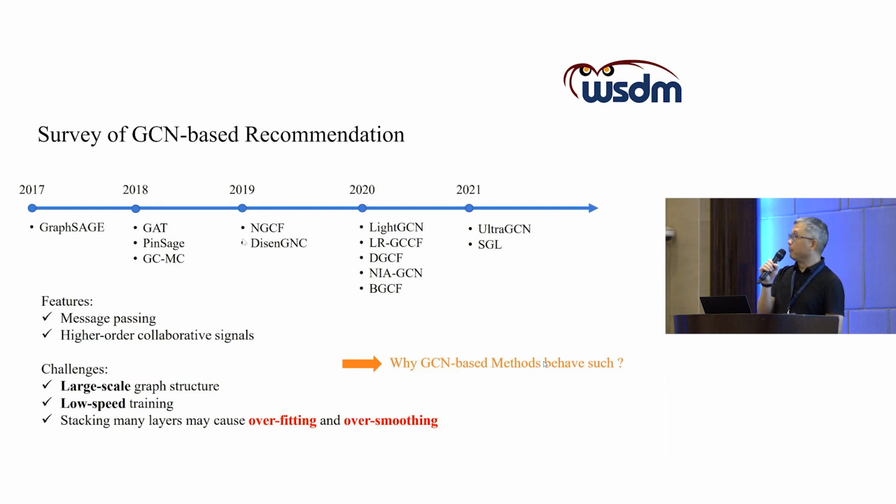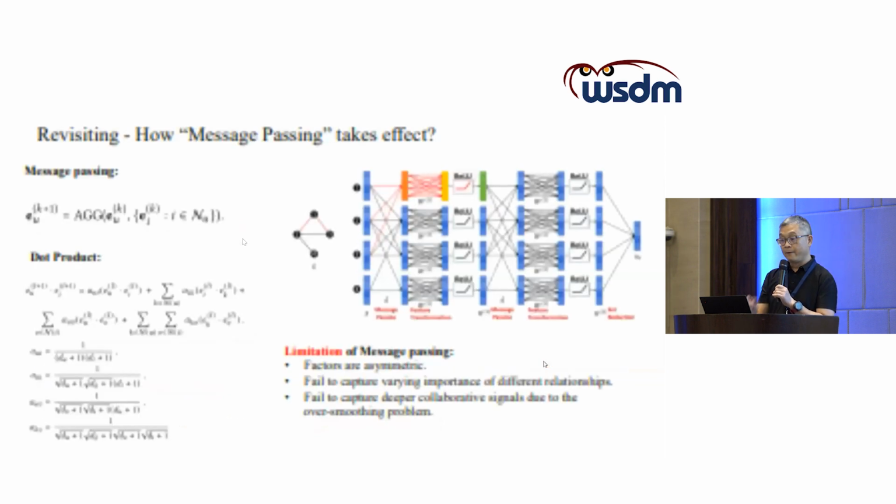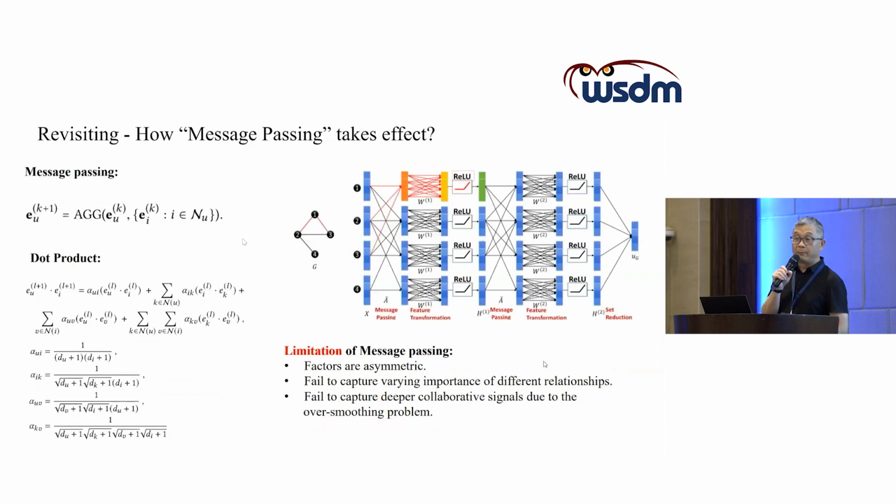Before our proposal, let's quickly review why GCN-based methods suffer from such problems. We did some study to review the mechanism inside GCN-based CF approaches. The first point is about message passing.